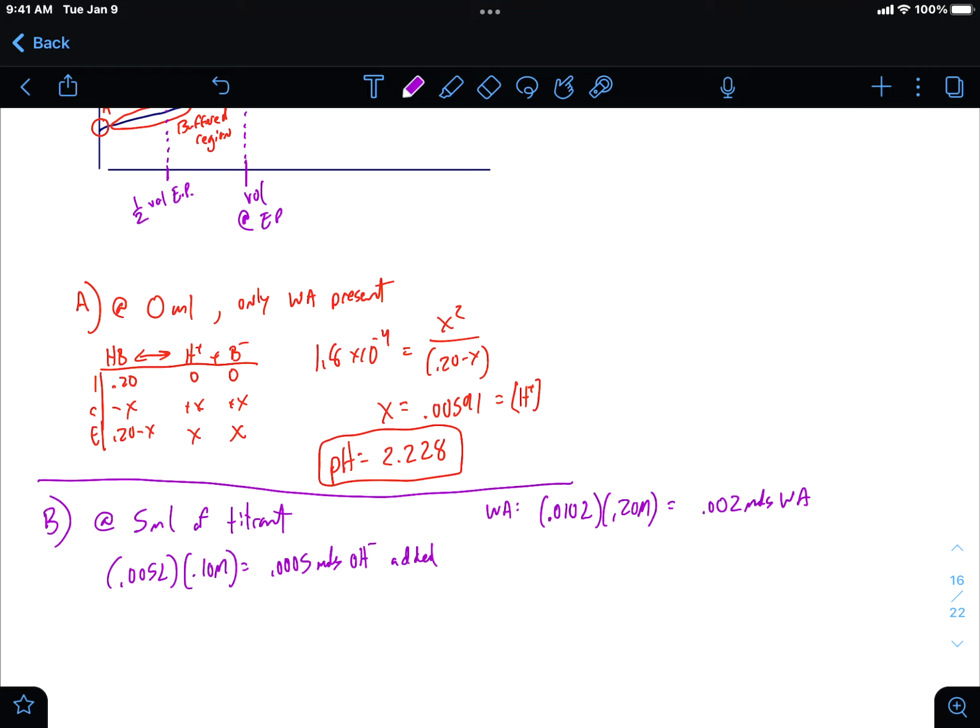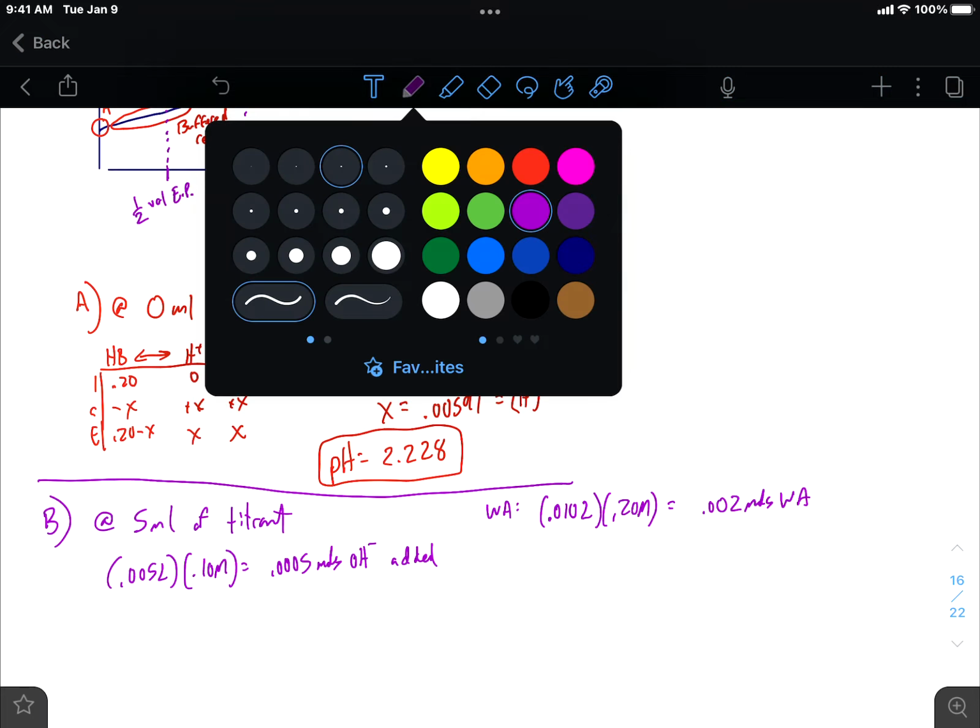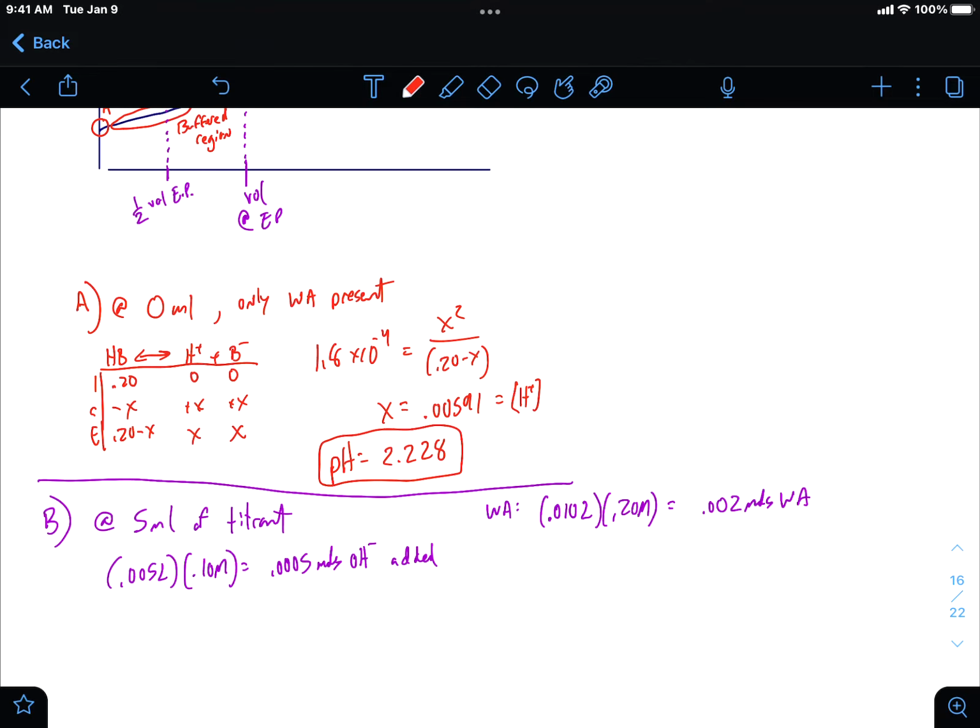There was a statement I made about whenever you add a strong acid or a strong species, all strong species react to completion. That means all of the strong sodium hydroxide that I added, all of it will react.